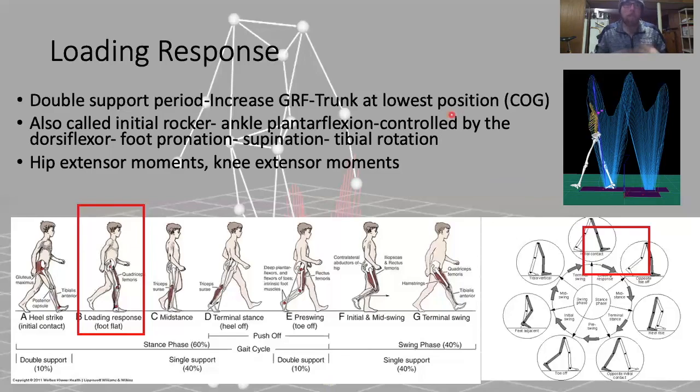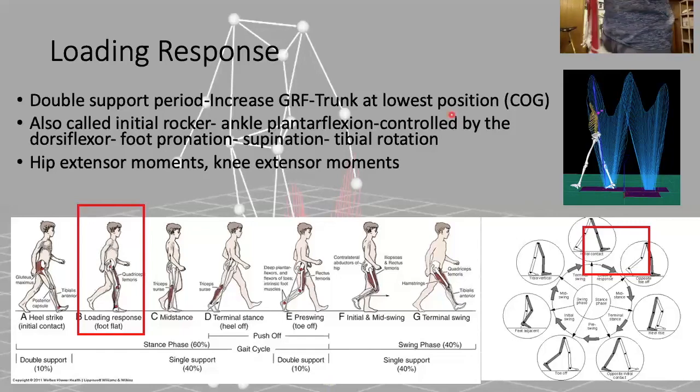We still have hip extensor moments and knee extensor moments controlling that opposite torque so that our knee doesn't buckle and our hip doesn't buckle. So if I'm talking about the hip joint, if I don't want my hip to buckle underneath me like that, what do I do? Contract my glute.